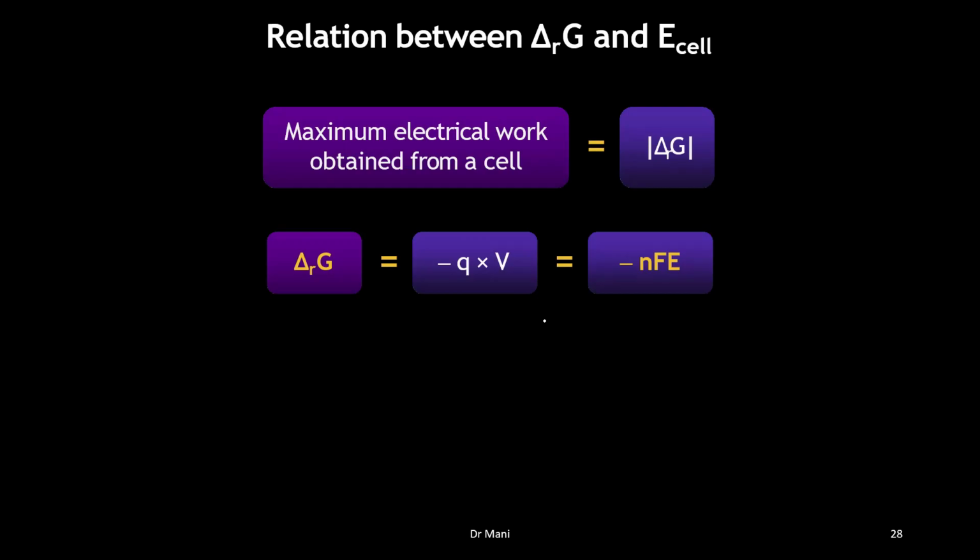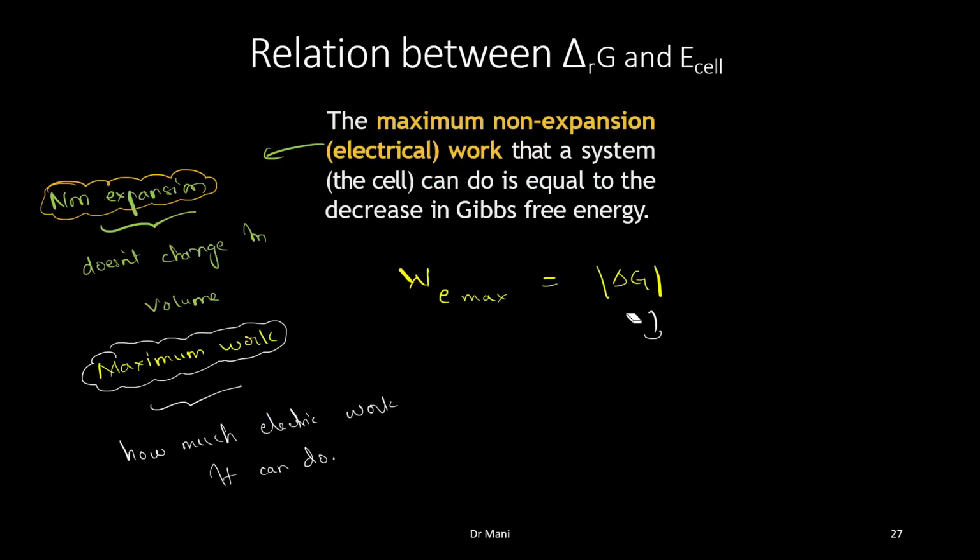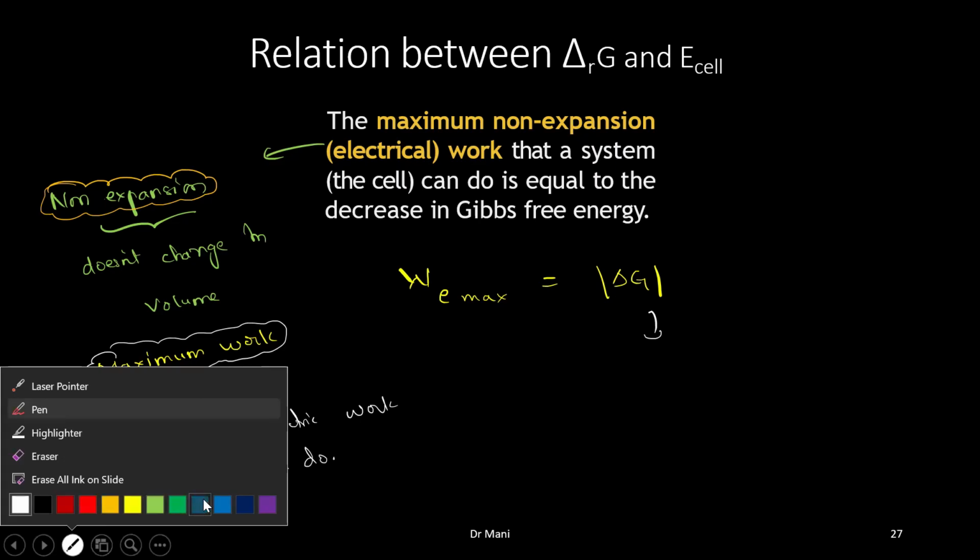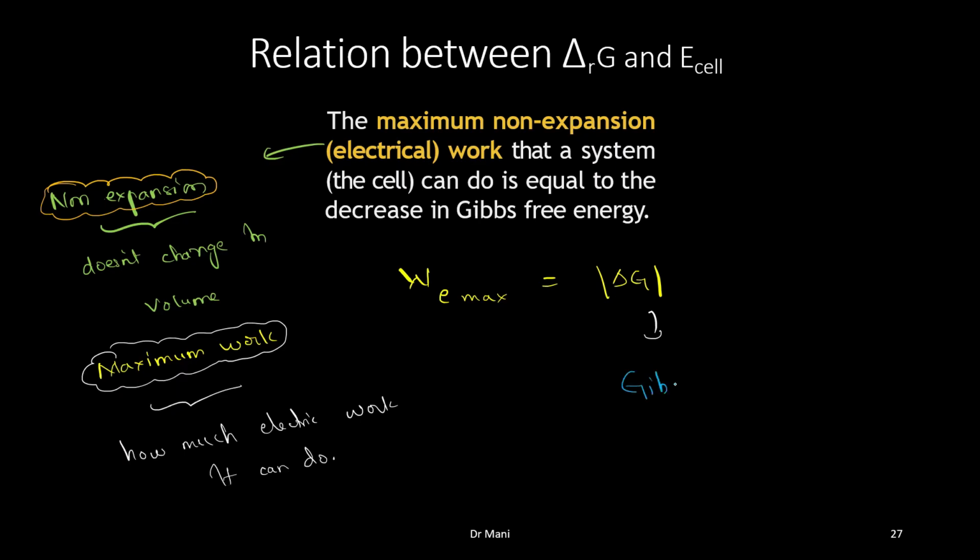What is delta G? We already discussed it. It is called the Gibbs free energy. If the Gibbs free energy is negative, what should I say? Spontaneous.